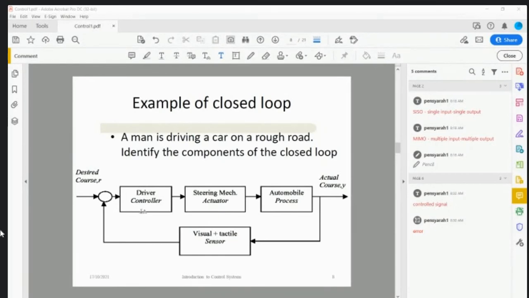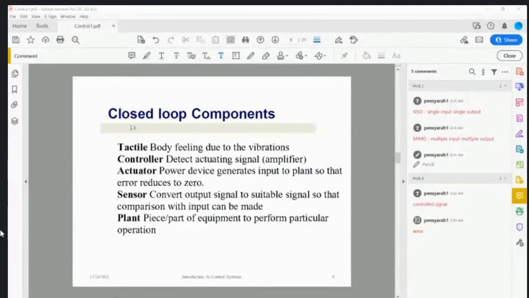Based on the sensor, his eyes, based on the feedback, he will be able to react, and the reaction is actually the movement of the steering. He will be controlling the steering, so the car will go straight or left or right based on the steering mechanism.